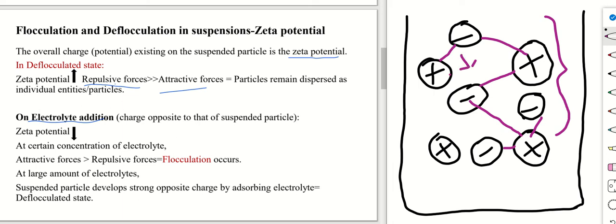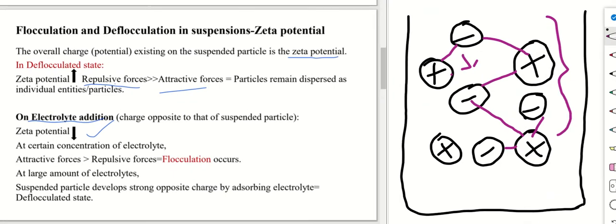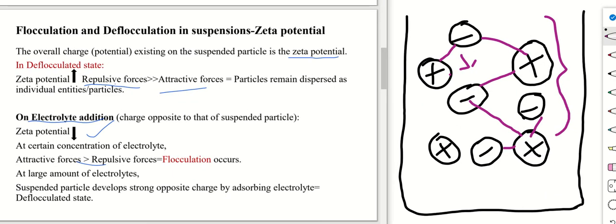So the zeta potential decreases and the attractive forces become more when compared to the repulsive forces, and that is how flocculation occurs.